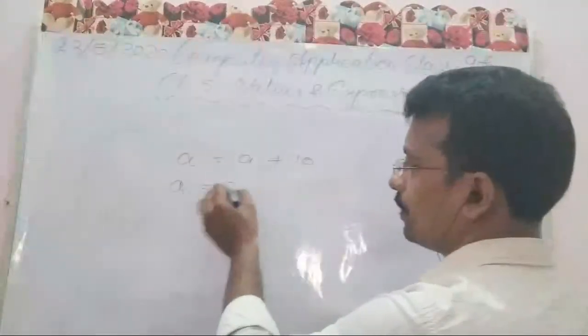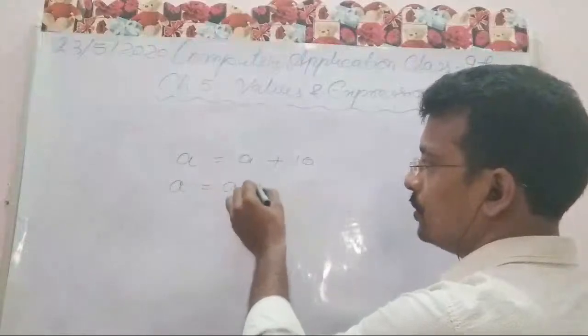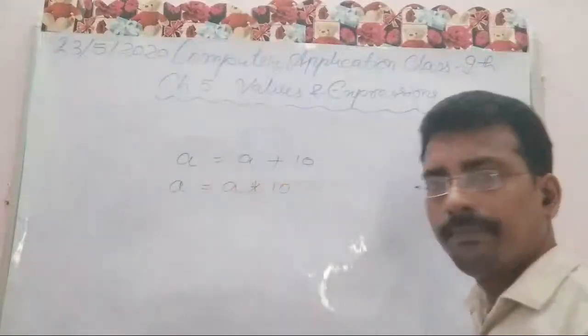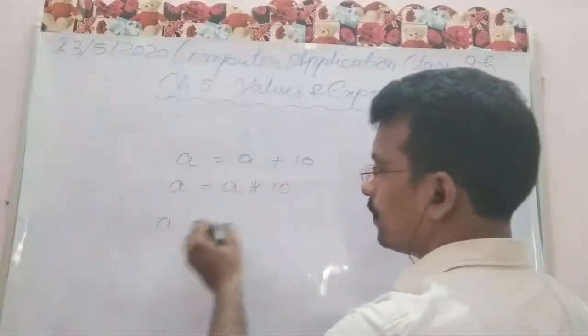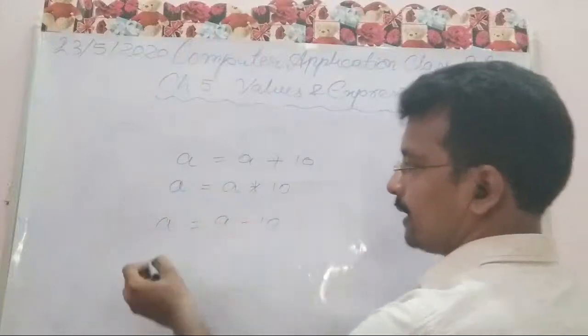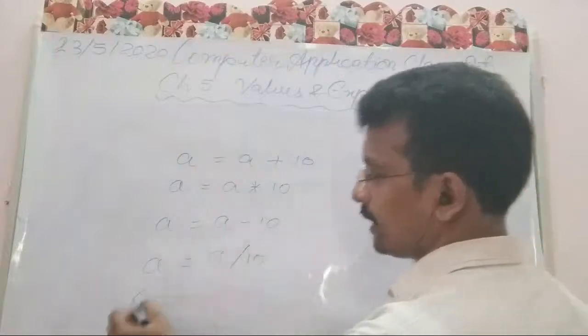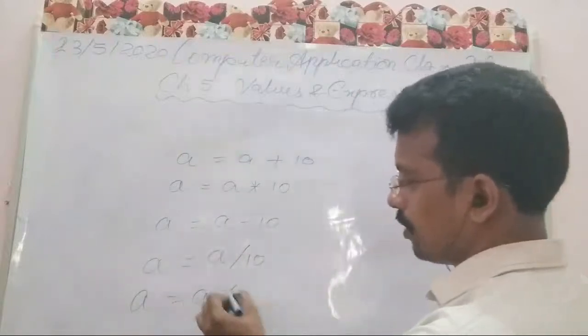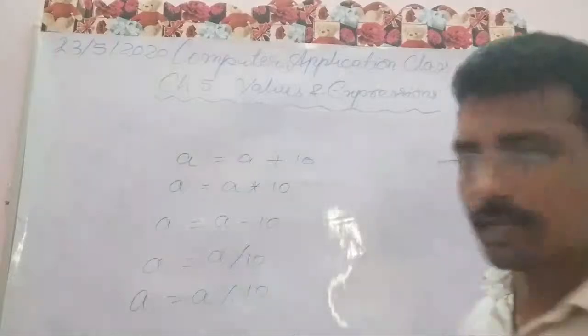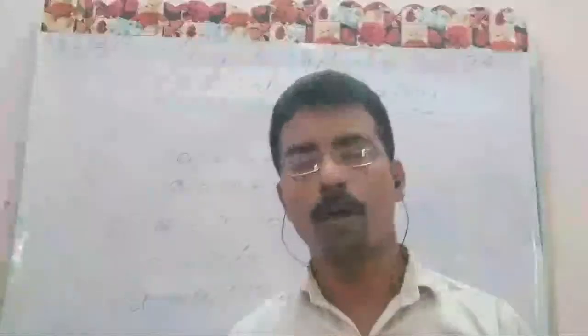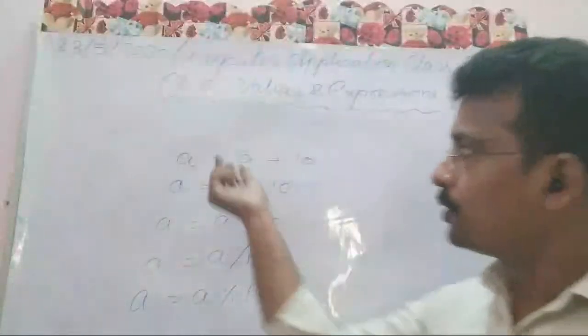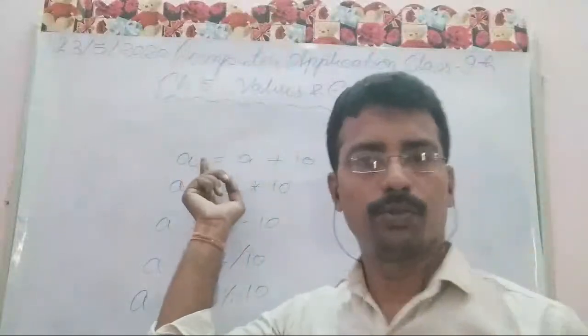A equal to A into 10. A equal to A minus 10. A equal to A by 10. A equal to A modulus 10. So how many operations are there? Total 5 mathematical operations have been done, and the assignment operator is also used.